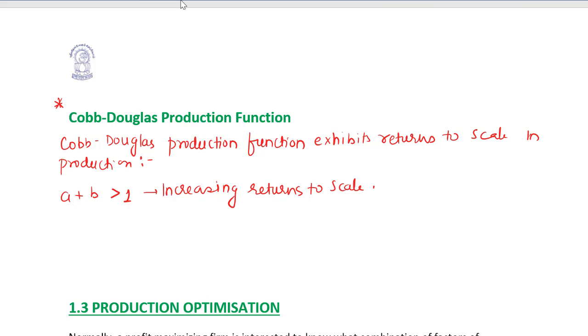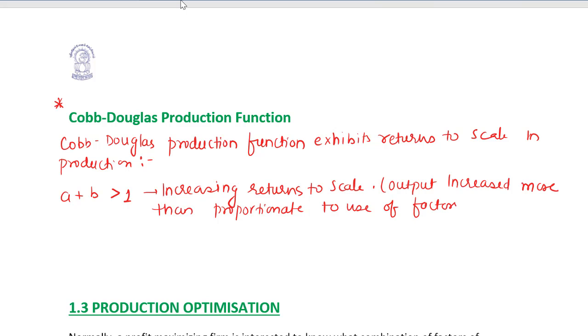Output increased more than proportionate to use of factors, and factors are labor and capital.